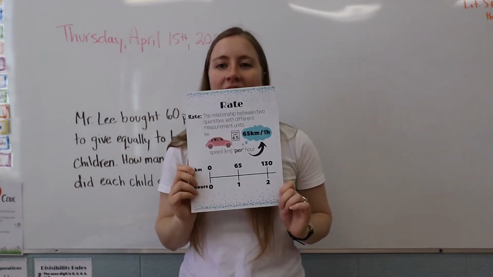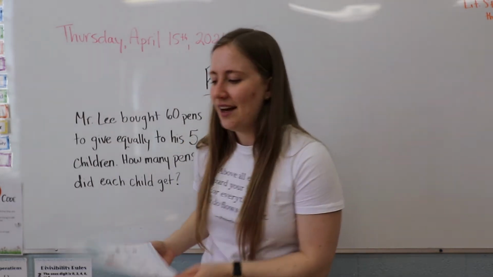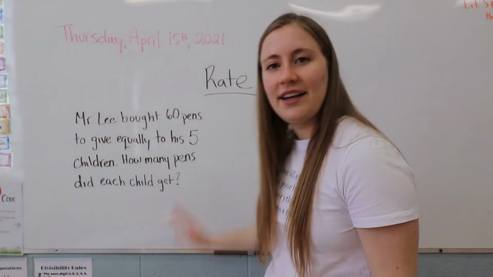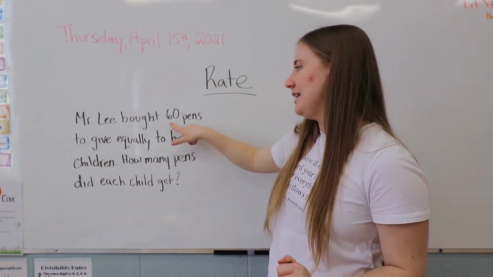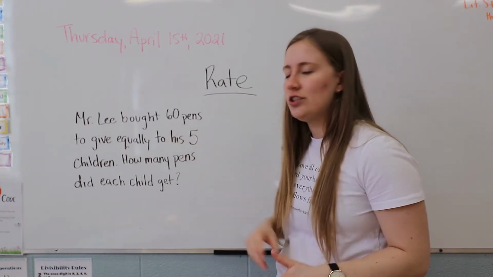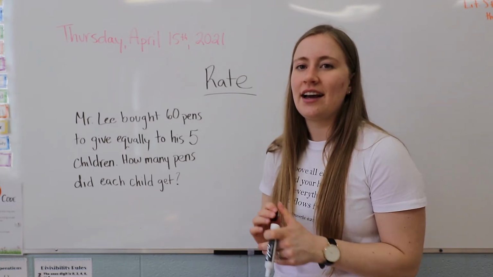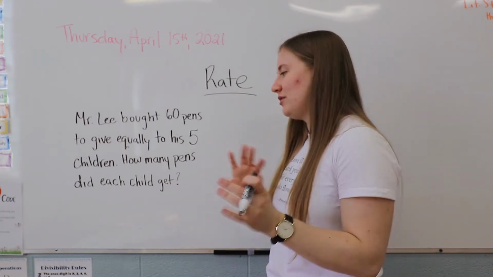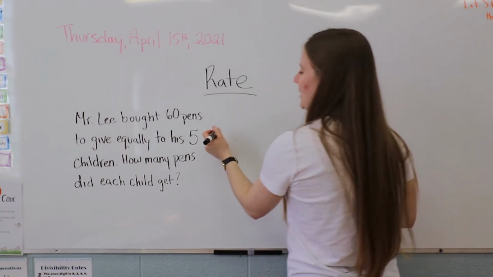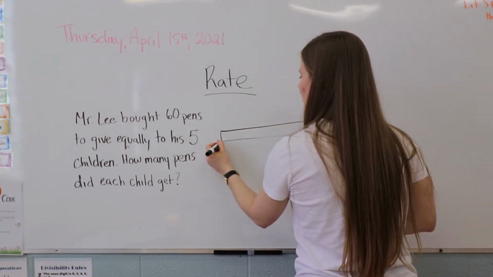So that is what rate is, and we're gonna look at an example together to help introduce us to the idea, okay? So here is our question. Mr. Lee bought 60 pens to give equally to his 5 children. How many pens did each child get? So this is actually asking us the rate of pens per child, so 2 different units. We can start by making ourselves a bar line, okay?